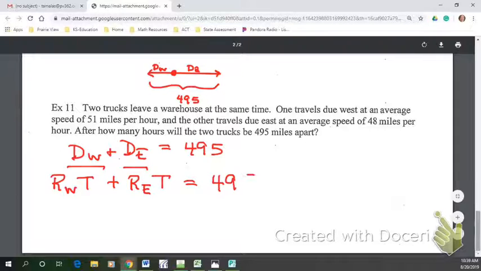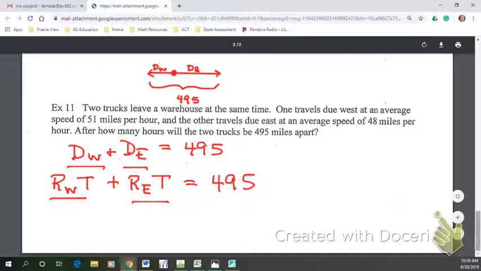Now I have an equation that looks like this. All I'm doing is replacing distance with rate times time. Time is the same for both. That's why I did not put the E and the W here, because time west equals time east.